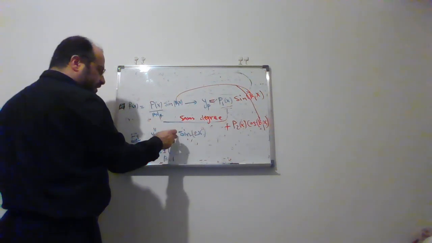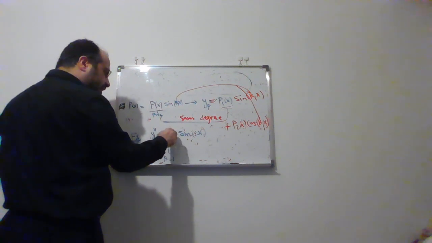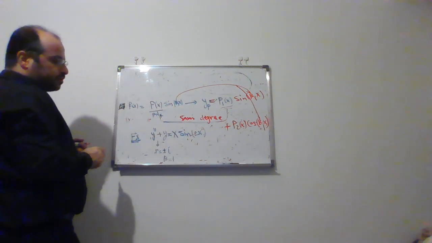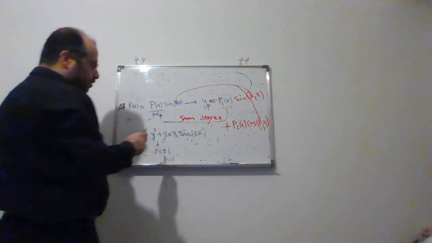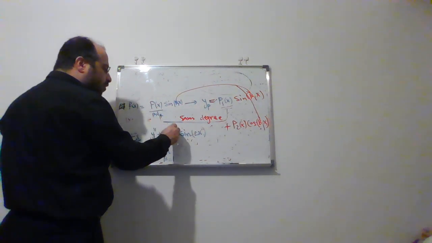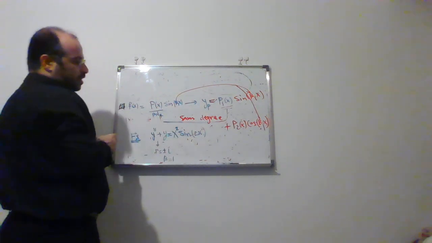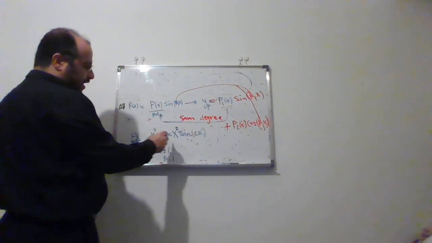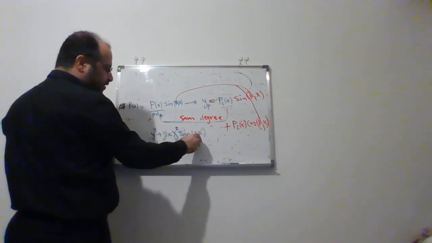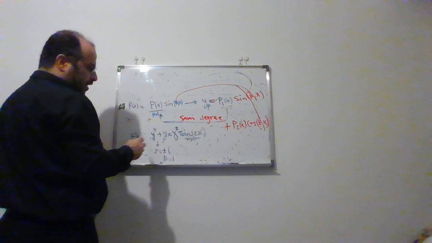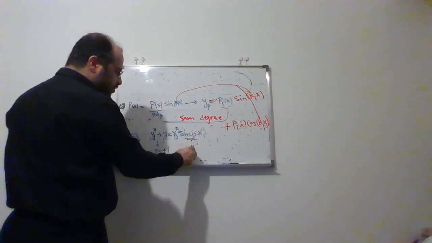Now say I have here an x. Let me make it harder for you, x squared, yeah? You have a polynomial here and you have here a trig function. Now in this case, you need to choose y particular.